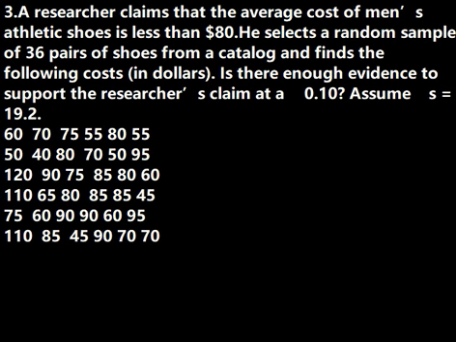So let's finalize with this question. A researcher claims that the average cost of men's athletic shoes is less than $80. He selects a random sample of 36 pairs of shoes from a catalog and finds the following costs.